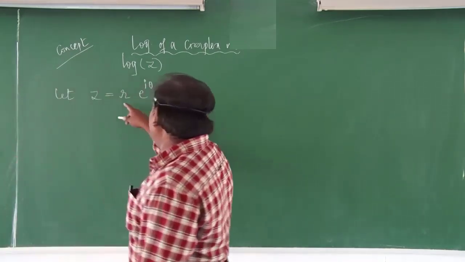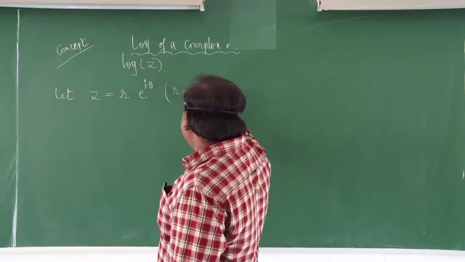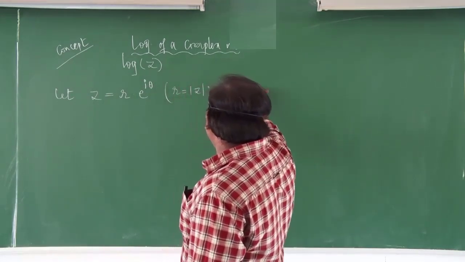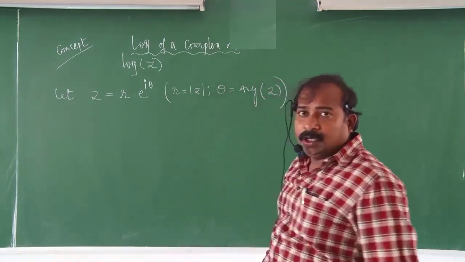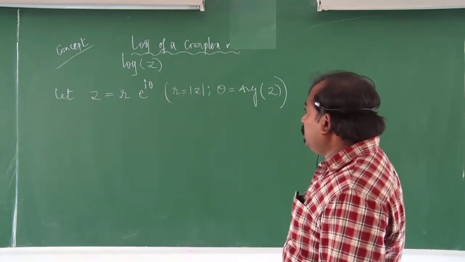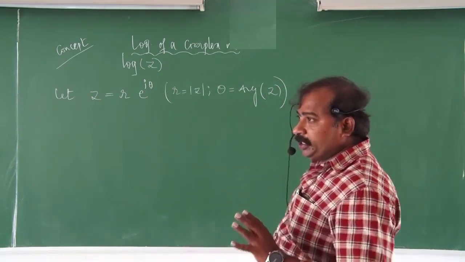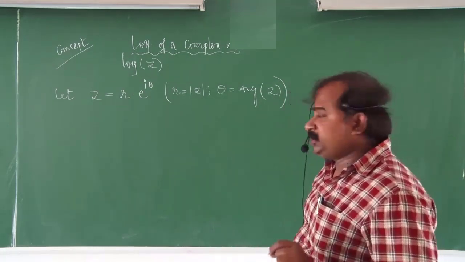Now, what is the r value? r means modulus of z and theta is nothing but argument of z. Already this is the polar form, the modulus-amplitude form, of a complex number. So z is equal to r into e power i theta is the complex number. Now we have to find the logarithm of the complex number.